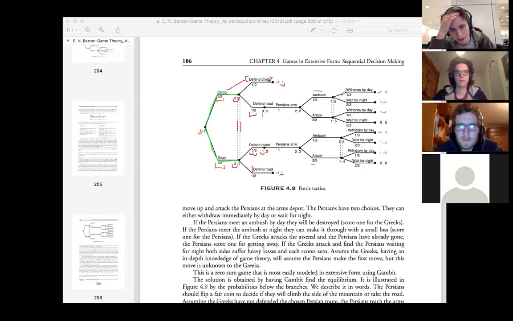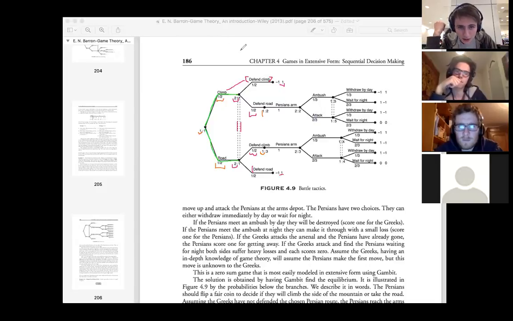And maybe I'll stay on the top section. So they will ambush with a 1/3 and attack with 2/3. And oh, whoops, this is the wrong one. Oh no, I did it wrong. I'm very sorry. This is actually not Persia making the ambush or attack. They're just going to chill, and it's up to Greece to catch up to them.